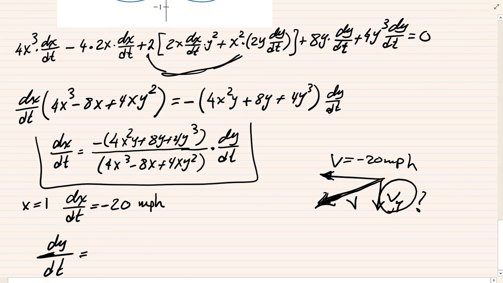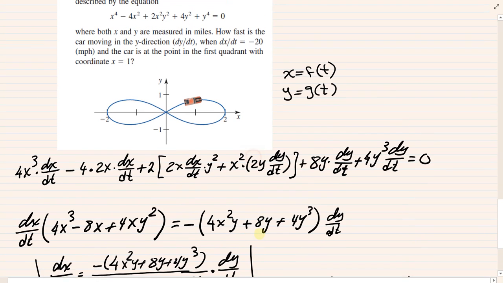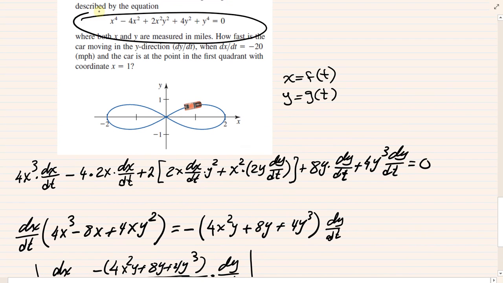All right. Now, here's what we need to do. Notice in our equation we have both x and y combined, but we are only given x. We don't have y, do we? So we need to find y. How do I find y? Well, when x is 1, we're going to use the general equation to find y.